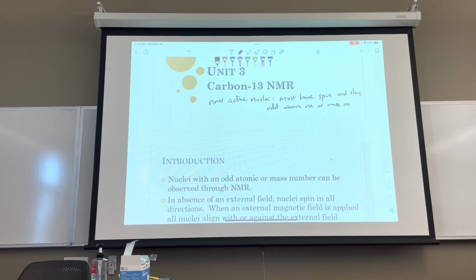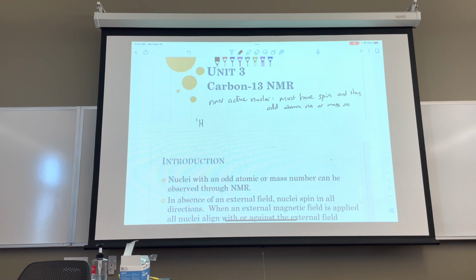Okay, so for instance, go back to proton. Proton, what we're looking at is H1. So its atomic number is 1, its mass number is 1. Both of them odd, so protons are NMR active nuclei. And that's a really good thing for us, because not every isotope is present in the same percentages, but H1 makes up well over 99% of all naturally occurring hydrogen.